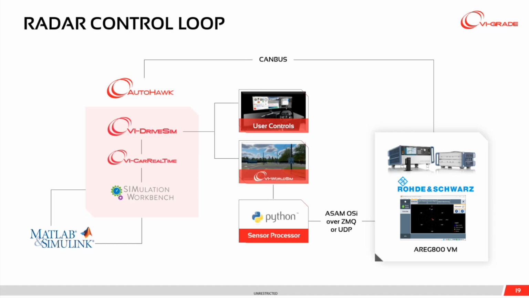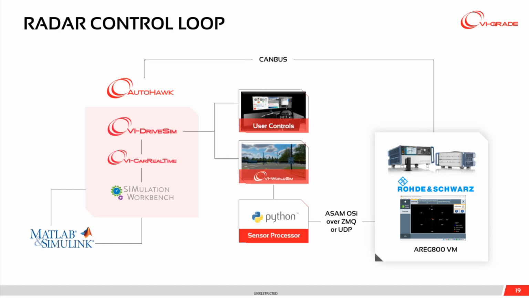All of this is managed in real time using our simulation workbench product from Concurrent Real-Time, which basically updates the simulation and drives all of the components within the simulation, keeping everything in sync, taking inputs and outputs from either a simulation component or a hardware component, and providing that input to other components like the car physics to make the determination of what the next step is going to be in the simulation.